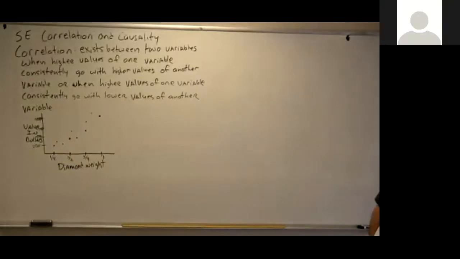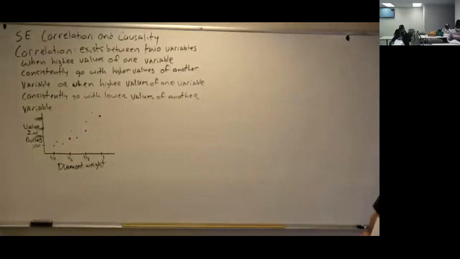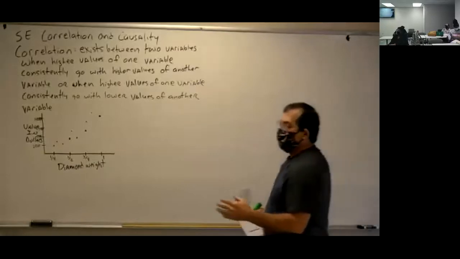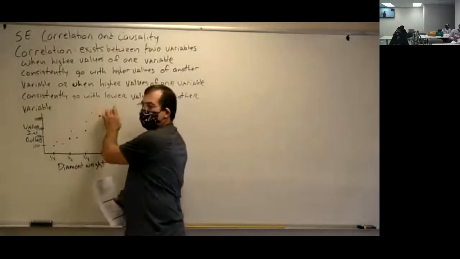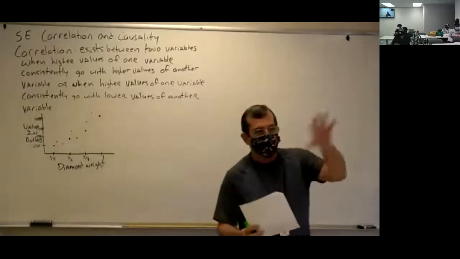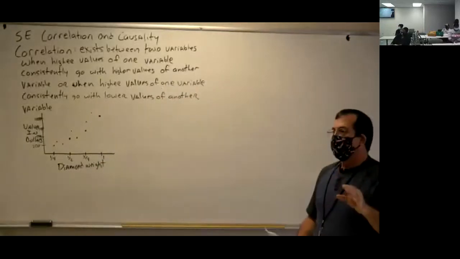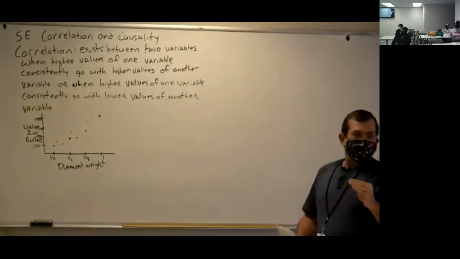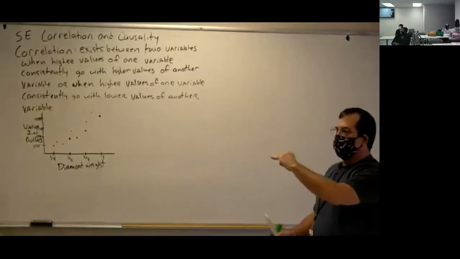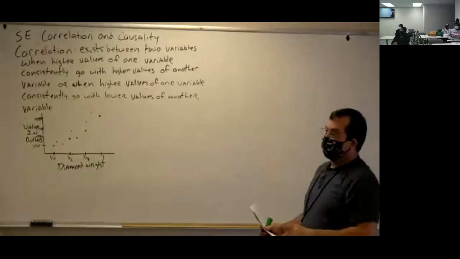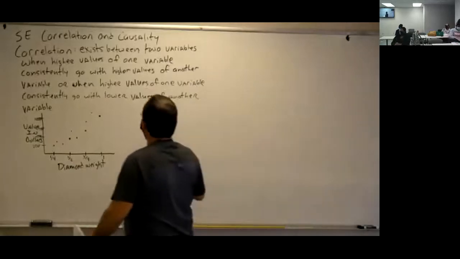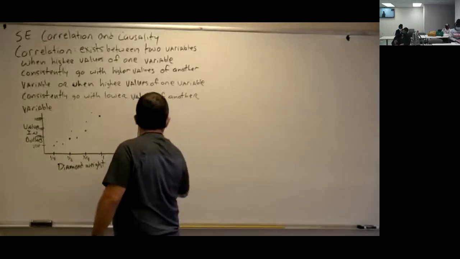When y'all look at the graph, the more it looks like a line, the stronger the correlation. Okay, if you get a lot of data scattered everywhere, then I might not have a correlation that says that as one gets larger, the other one gets larger. So a bad correlation.